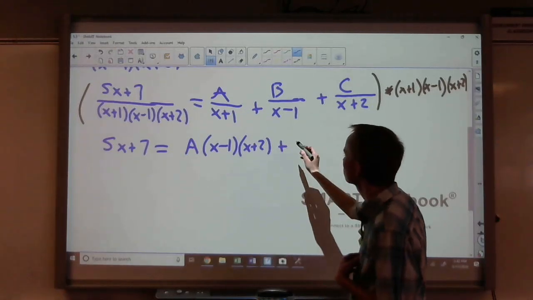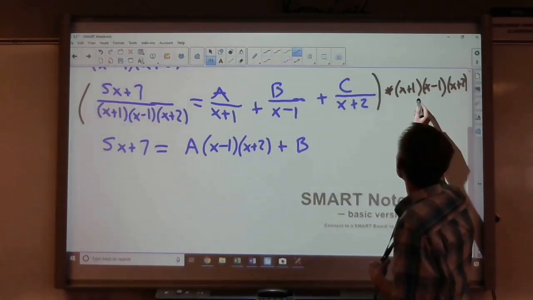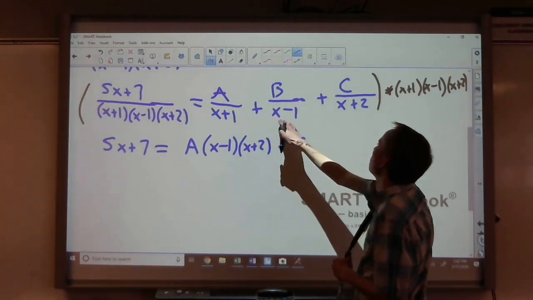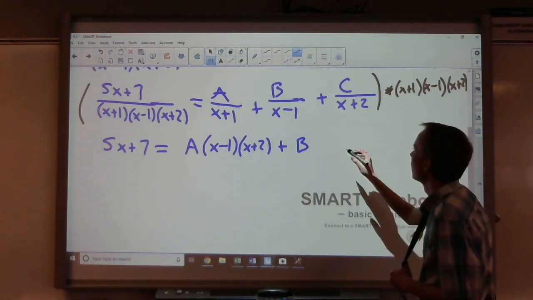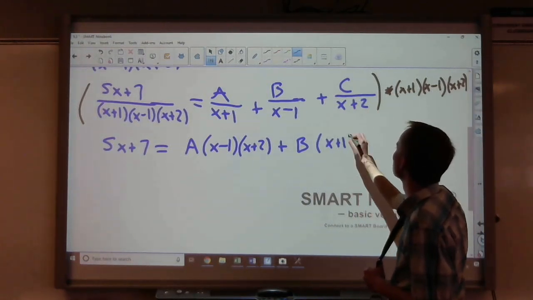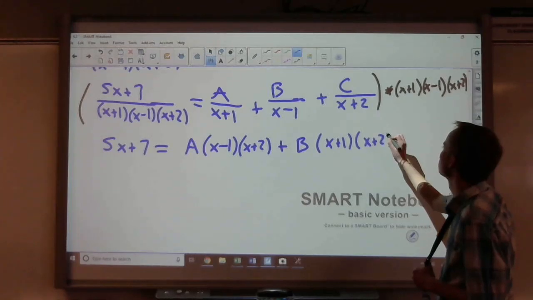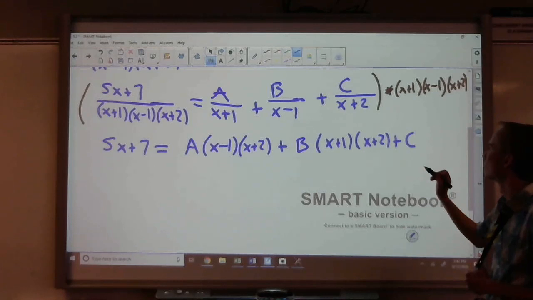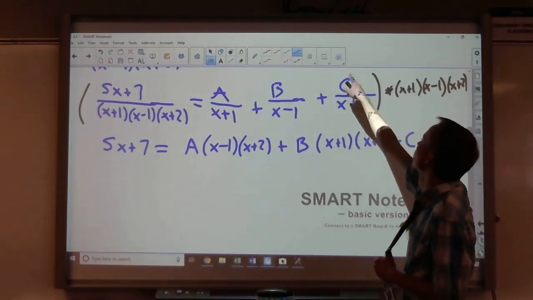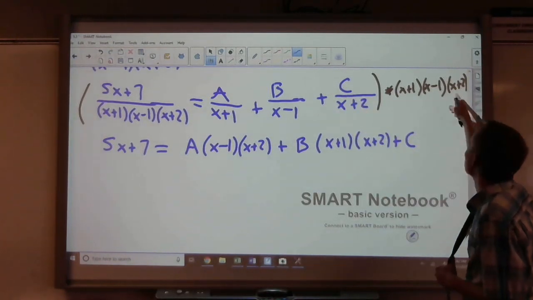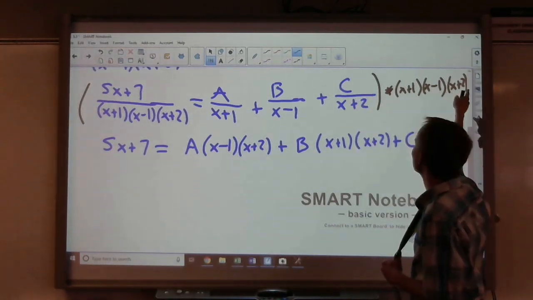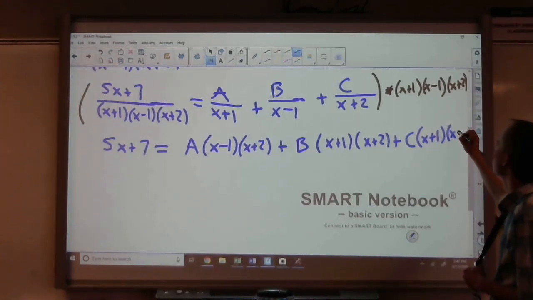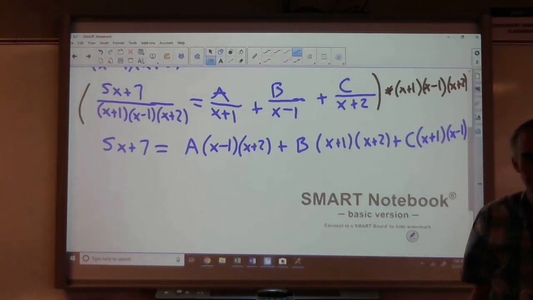Plus B, well, when I times this by this, my x minus 1's cancel out, and I get x plus 1 and x plus 2 left over. Those are the only things left over. C, when I take this guy and times it by this, the x plus 2's cancel out, but everything else is left over. So I get x plus 1 times x minus 1 here. Okay?